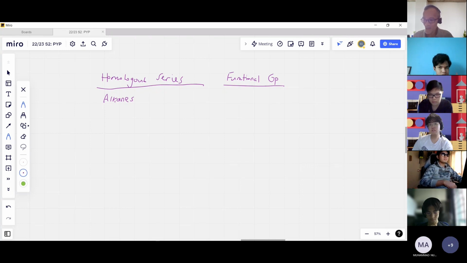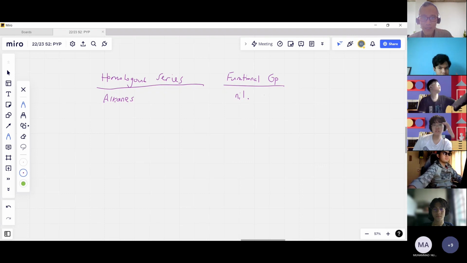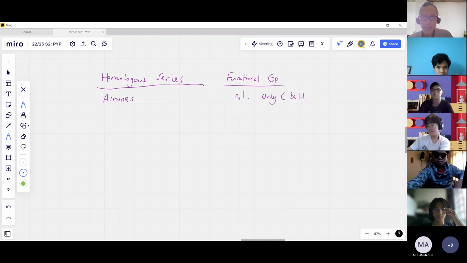Okay guys, you're supposed to know this, even though it's not officially in your syllabus because it's from N levels. Officially, alkanes have no functional group. However, you need to know that they all contain only carbon and hydrogen, and they only have single bonds.